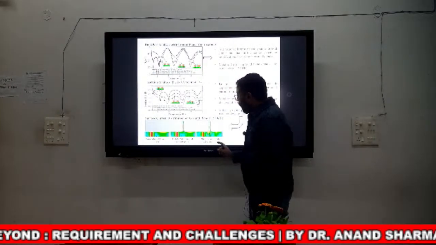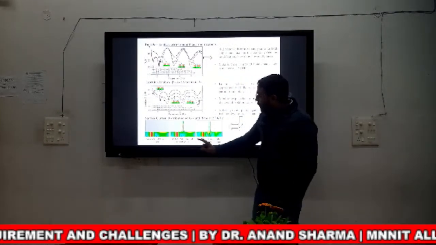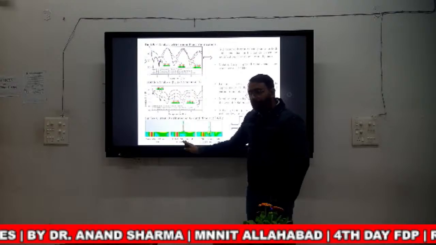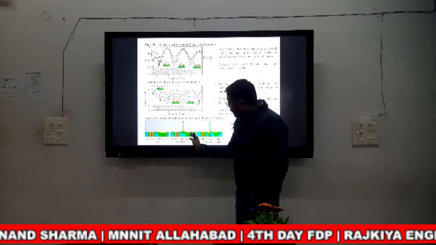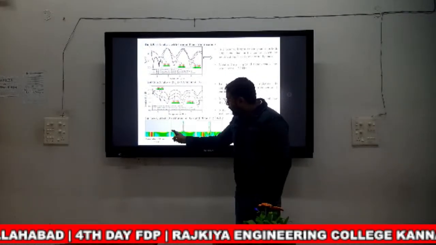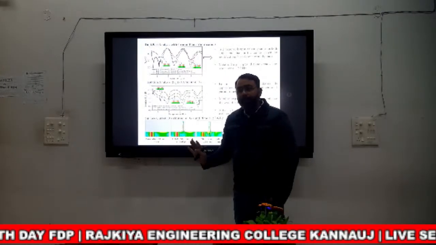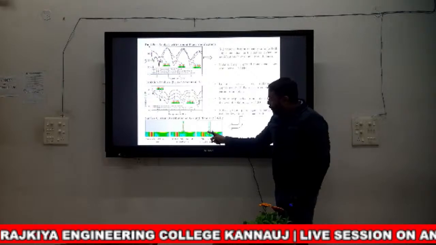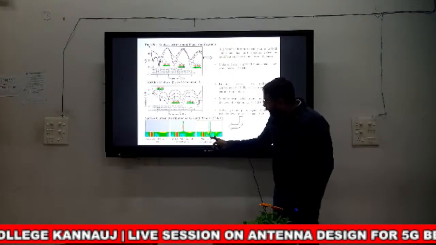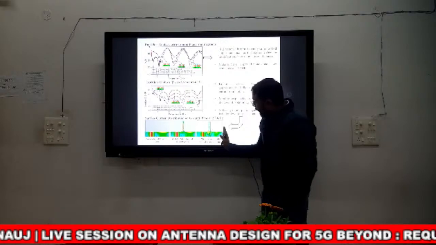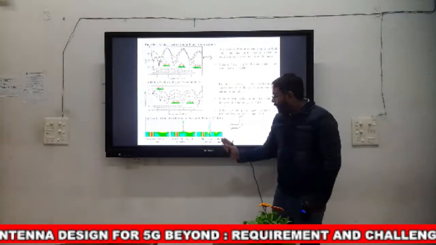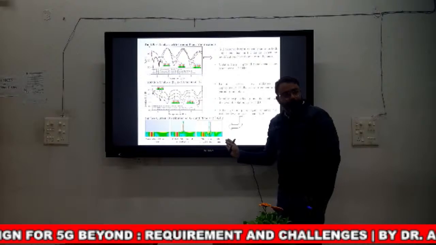In the second step, I put two metallic strips on the ground plane. Then some of this current distribution reduces and moves towards the excited side. After that, I put a slitted ground plane, and then the current moves entirely towards the excited port. Nothing goes beyond this.